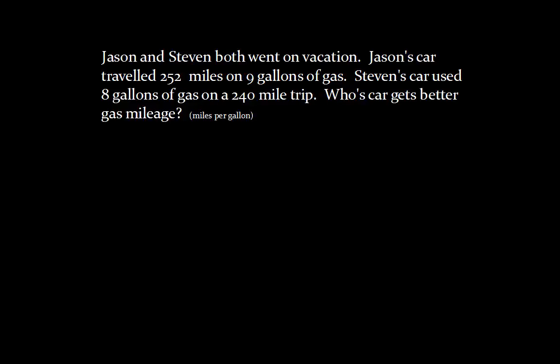Okay, well, just like you said before, the first thing we need to do is categories, and we're talking about miles per gallon. That would be miles over gallons. I'm going to label mine. This is going to be Jason's, and we'll do Steven over here so that I know which one's which.